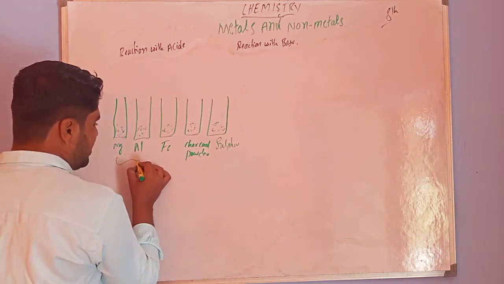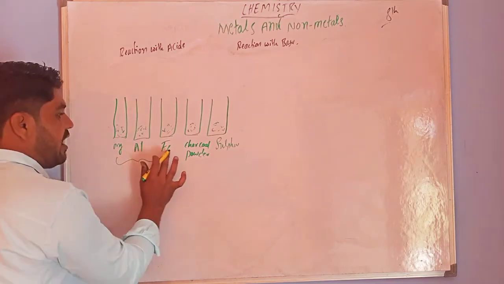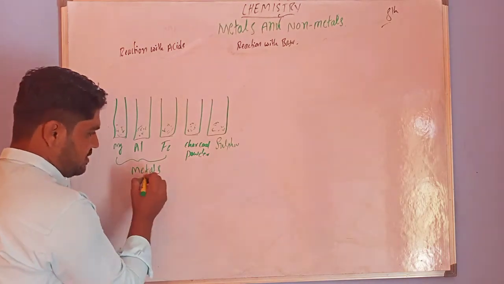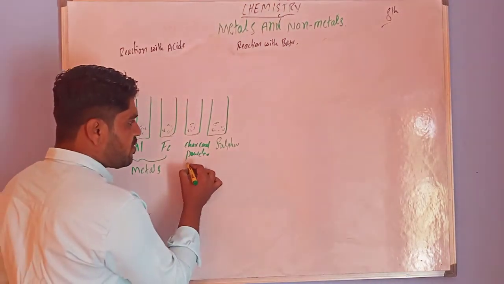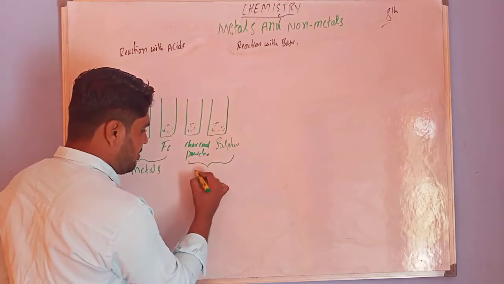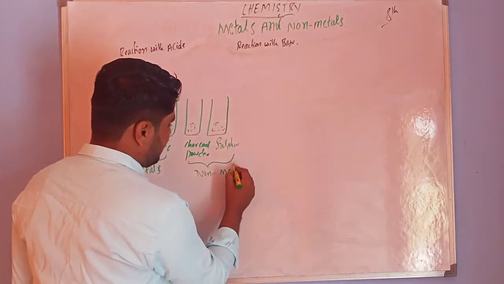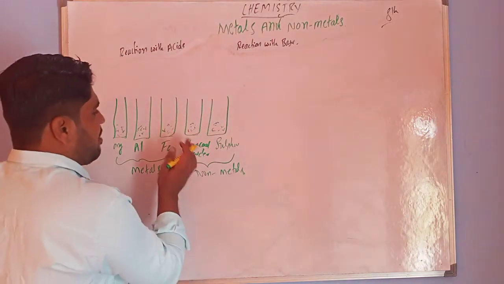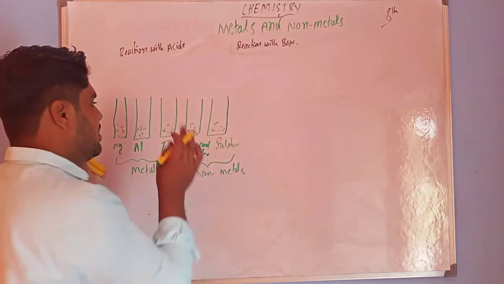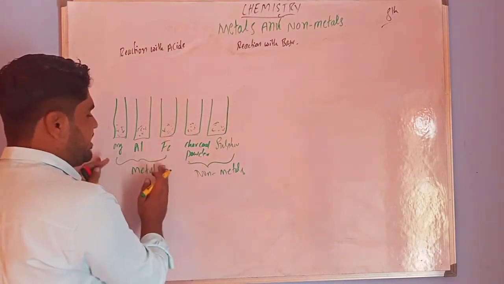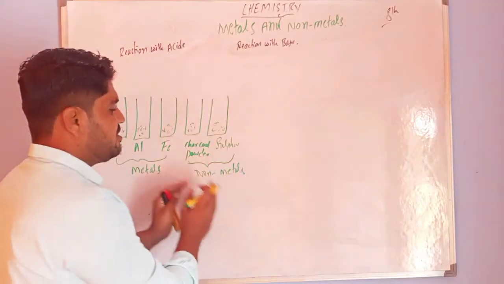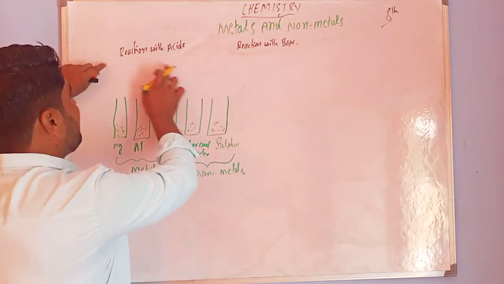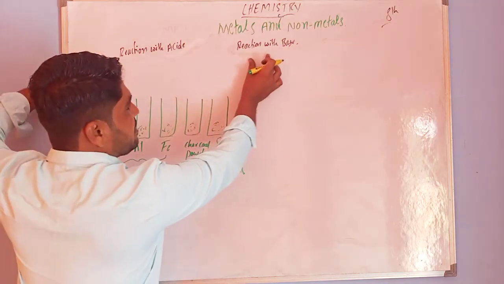So magnesium, aluminium and iron are the metals. Charcoal powder and sulfur are non-metals. So now we have 5 test tubes. 3 test tubes contain metals and 2 test tubes contain non-metals. Why? Because in this class we are studying the reaction with acids and reaction with bases.